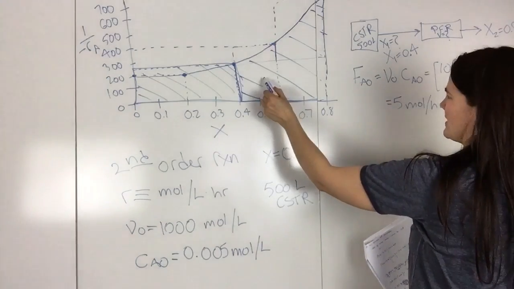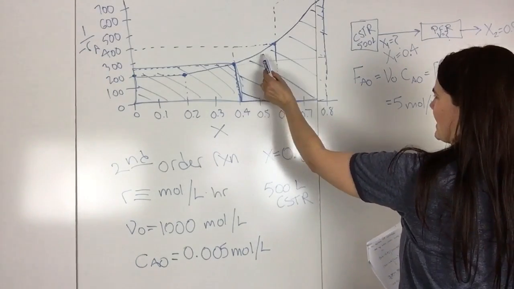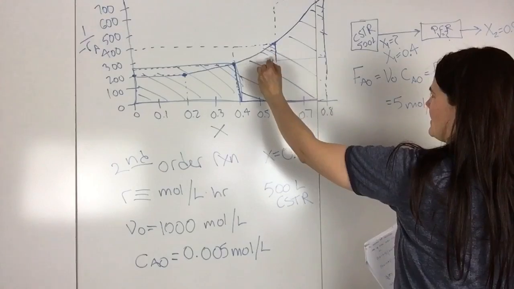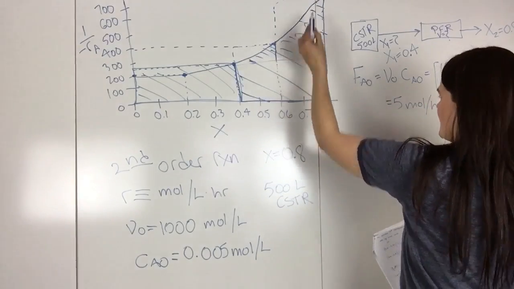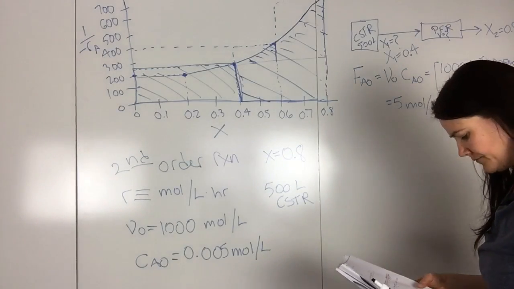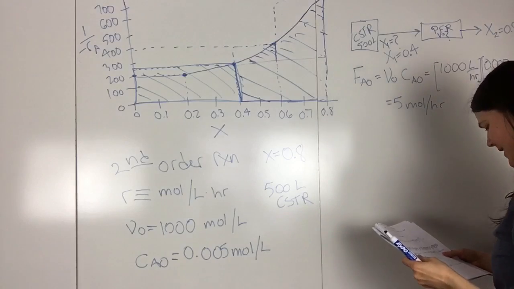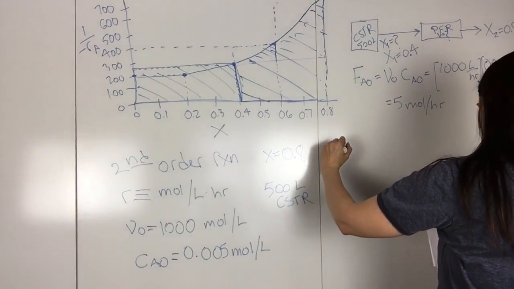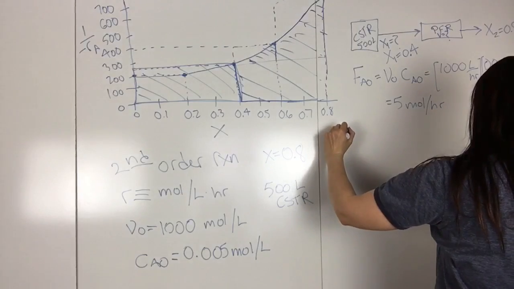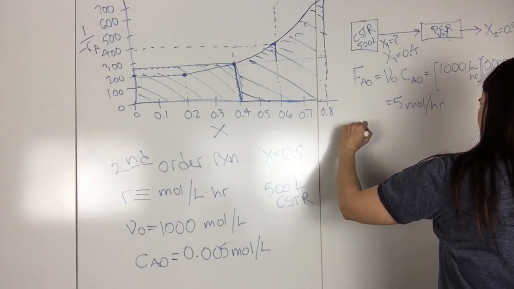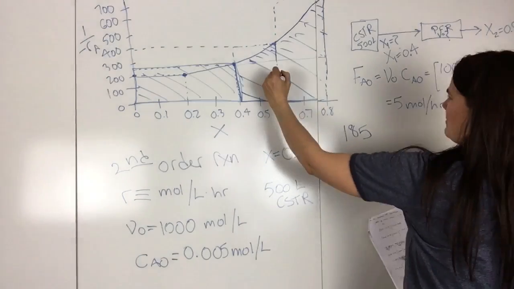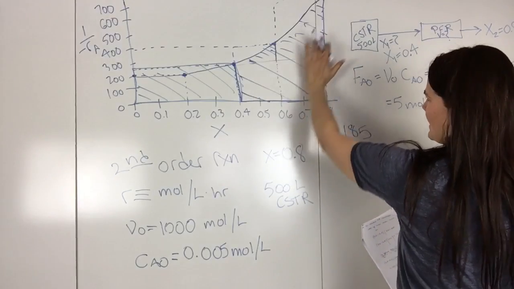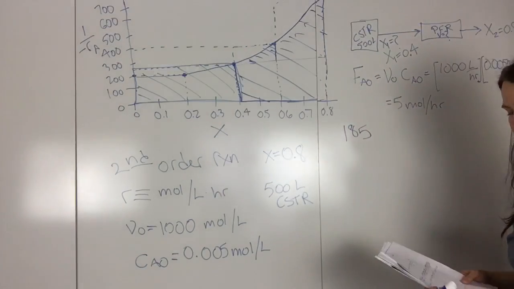So I just calculated this, and then I added this and this to it. And when I did that, I came up with 185. So 185 is the area under this.